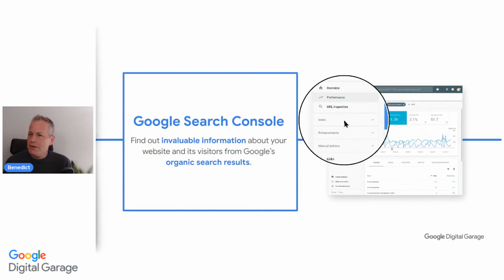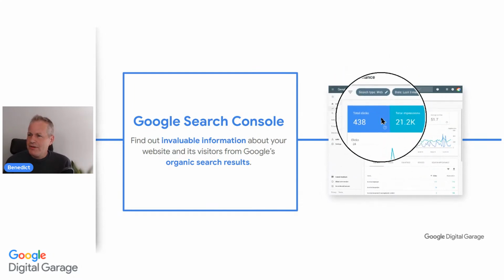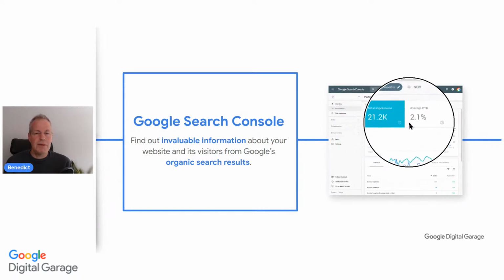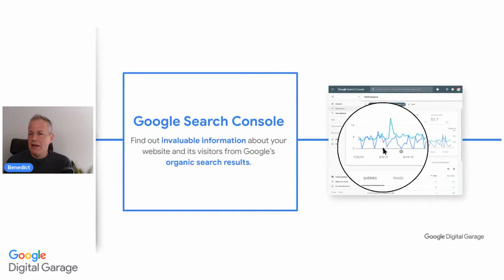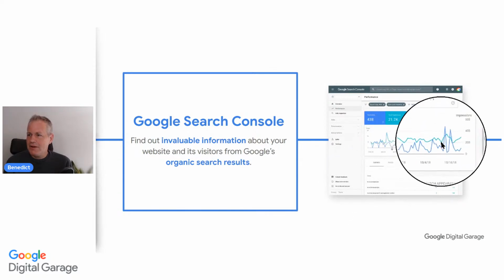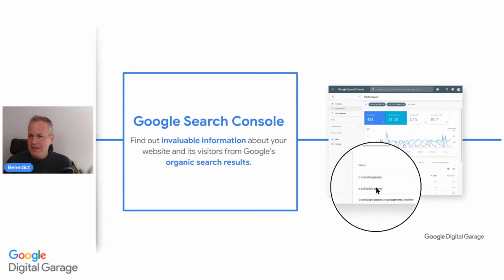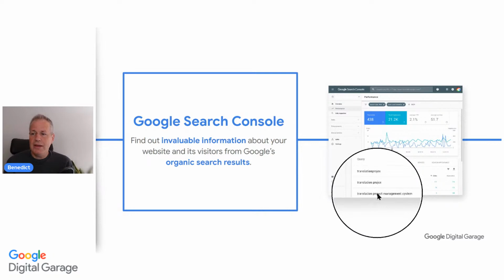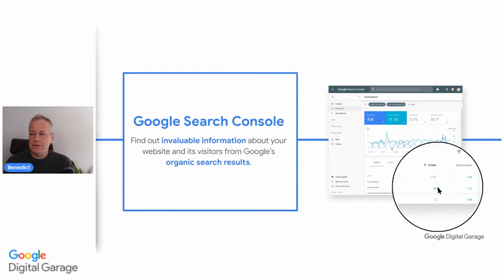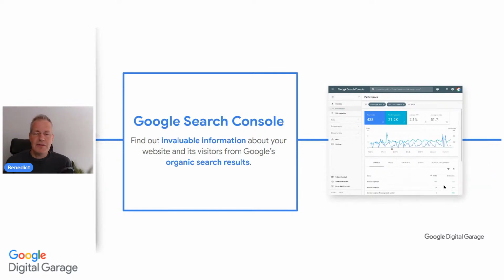You've got performance, and you can see total clicks, total impressions. Impressions means it appears on the screen, but they don't click on it. Then you've got the results here over time. And down here, which is really useful, you can see what people were actually typing in, what keywords got a response. That's just some of the different things it covers.